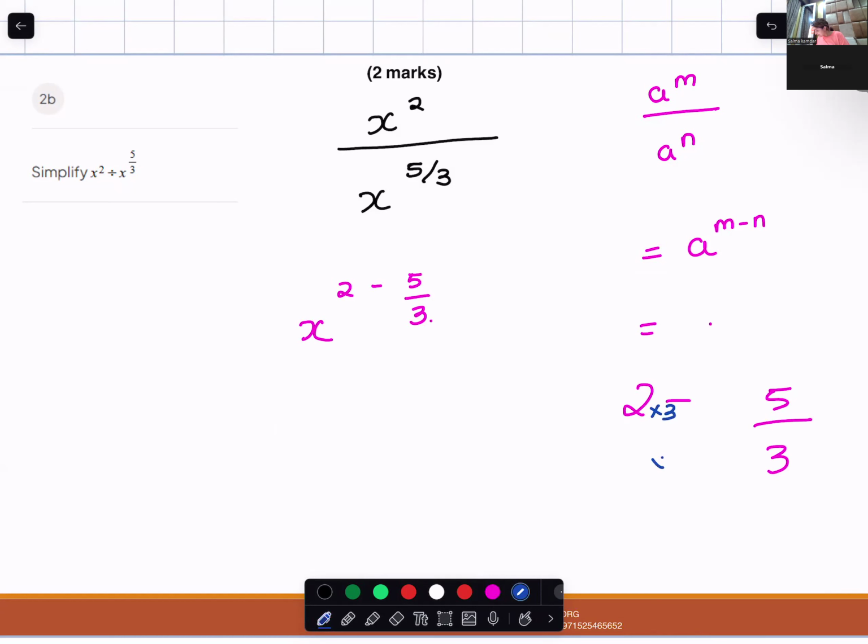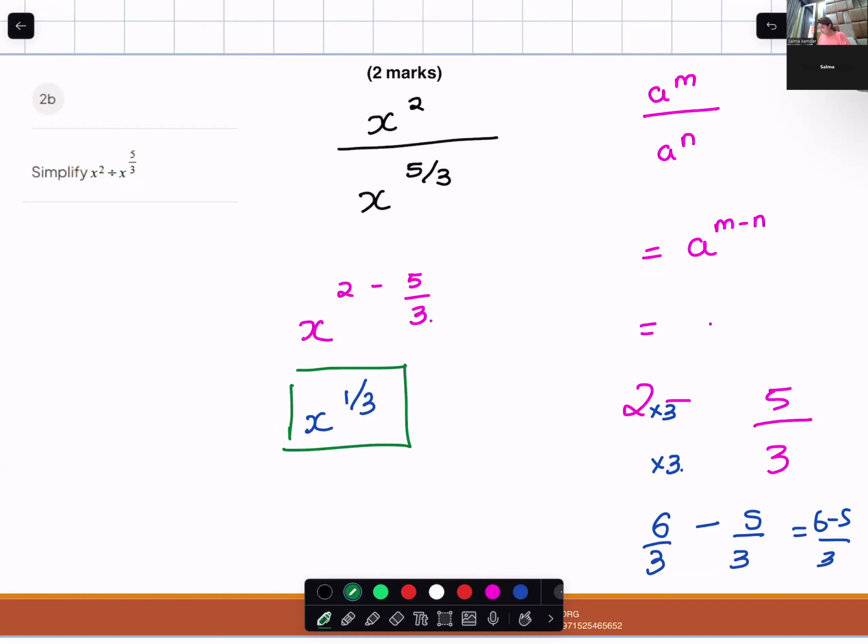So I will multiply 2 by 3. So this will become 6 by 3 minus 5 by 3, which is 6 minus 5 by 3, which is 1 by 3. So the answer is x to the power 1 by 3. Let's go ahead.